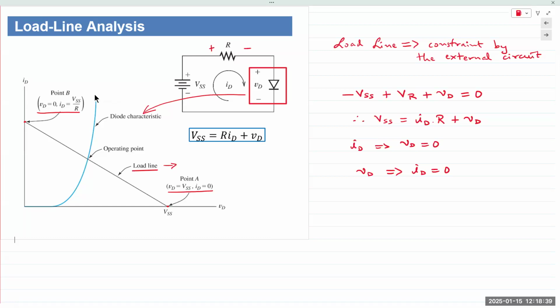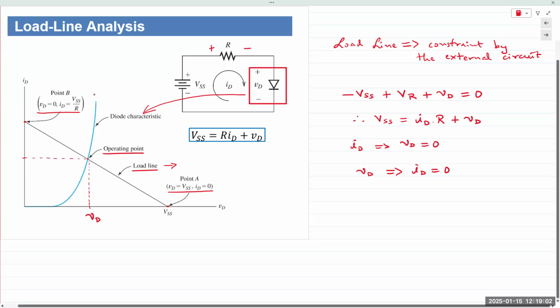The values of that operating point are the values for the diode voltage and the diode current. So the intersection point, which is right here, gives us VD and ID values.